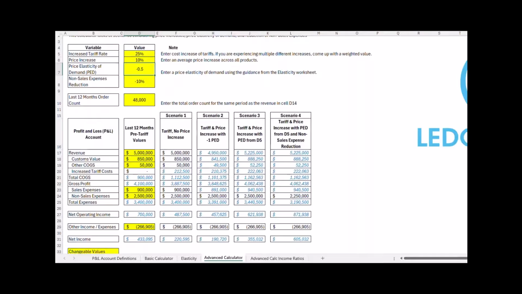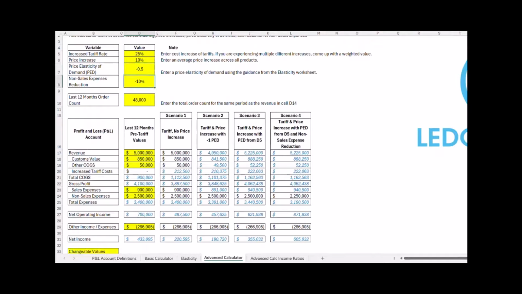So we can make those changes and see how that shakes out on the profit and loss as well. With this scenario, you can see versus scenario 2 that our net operating income has increased and our net income has increased as well.